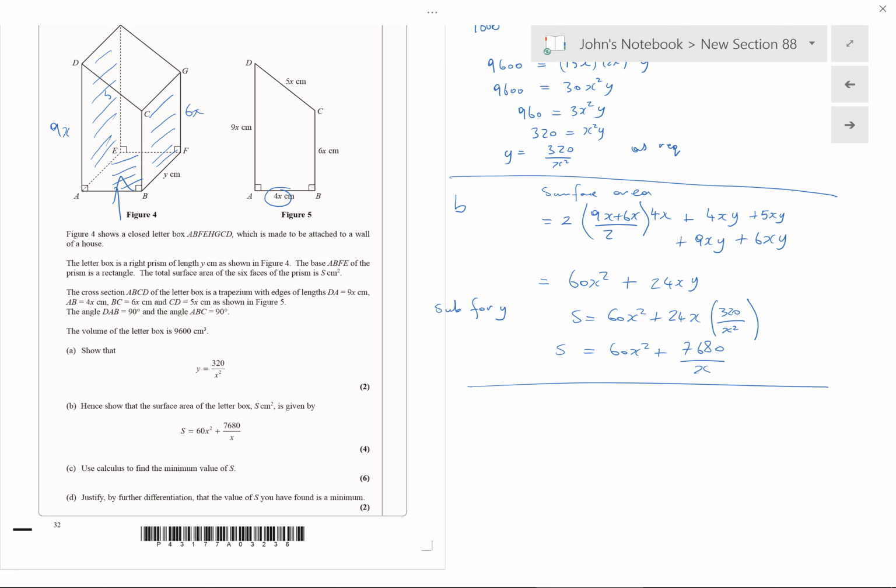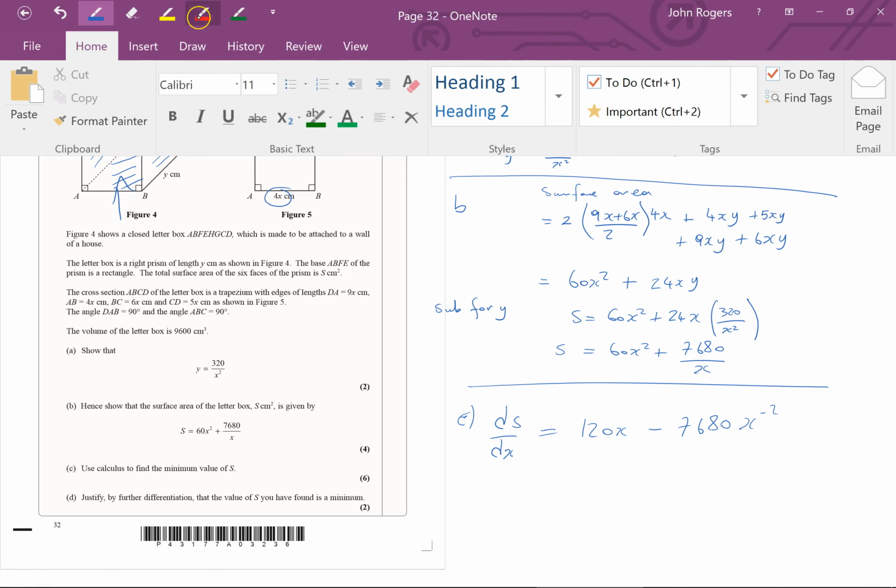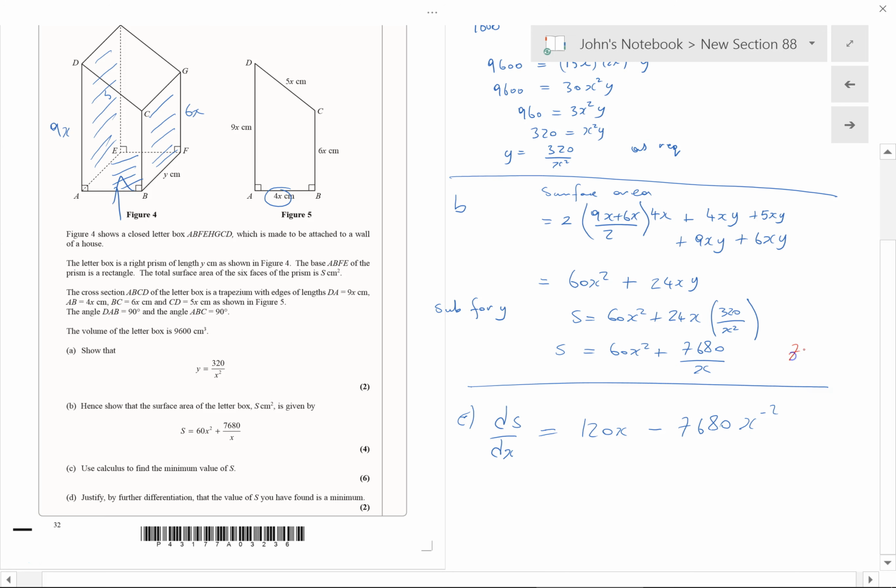So now we're going to differentiate to find a minimum value. So s, work out ds by dx, is equal to 120x. Now this bit here is equal to minus 7680 x to the minus 2, because the second bit there is 7680 x to the minus 1.